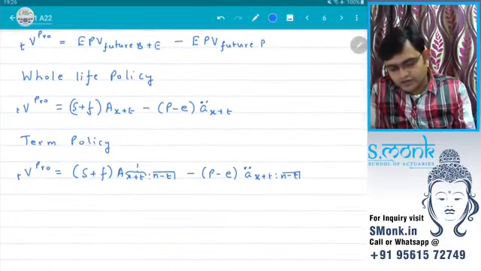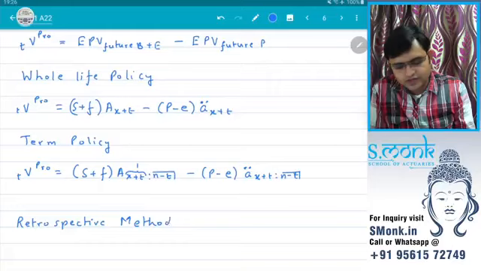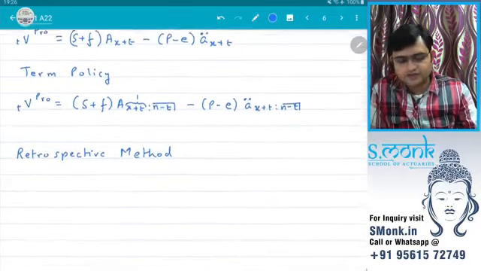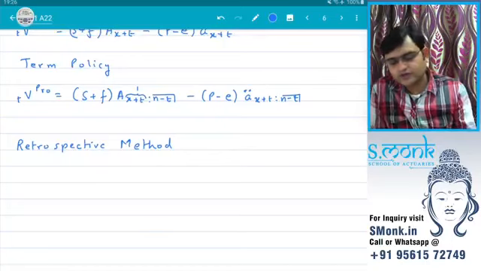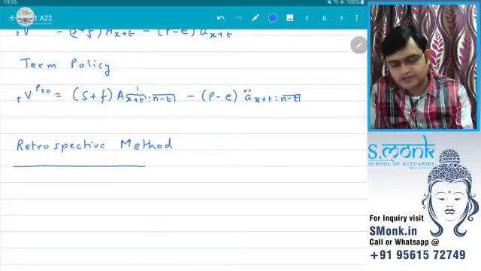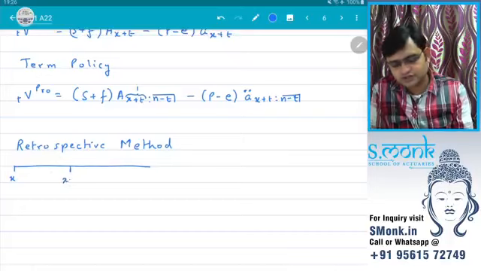Let's talk about retrospective. Retrospective method. In retrospective method, we are going to use whatever happens in past to figure out how much liability we have to pay in future.